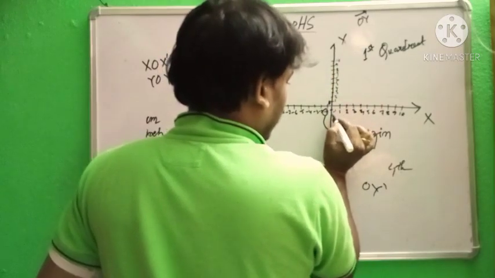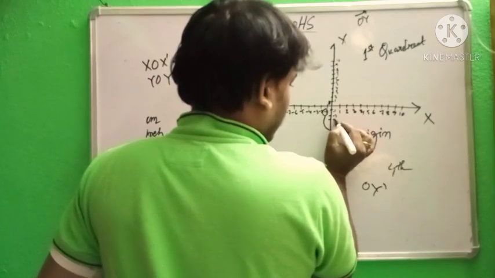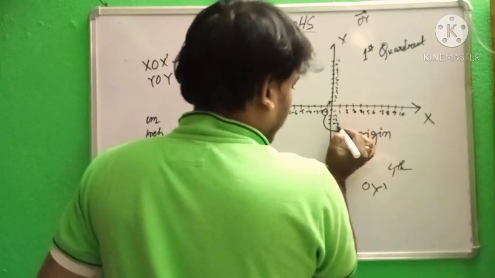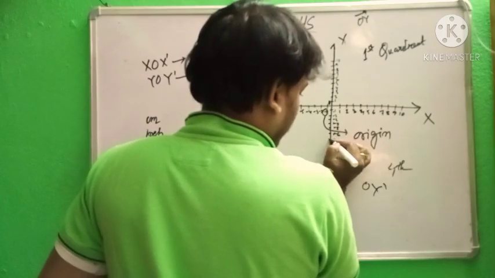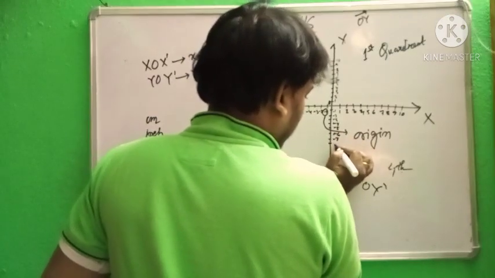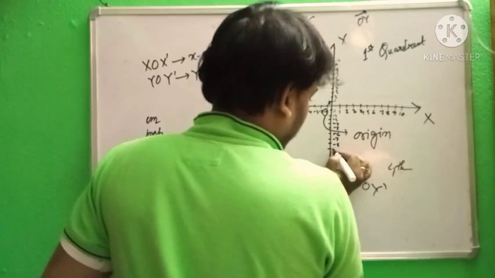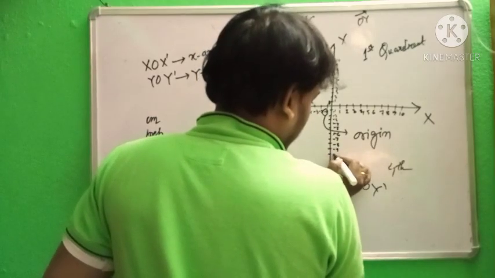Here -1, -2, -3, -4, -5, -6, -7, -8, -9, -10. Okay.